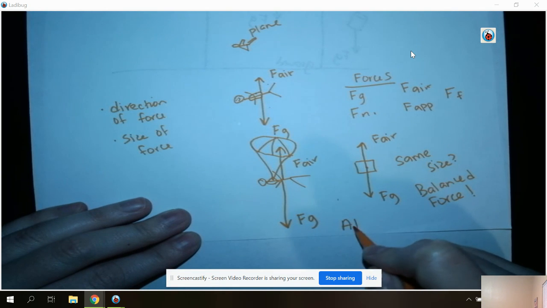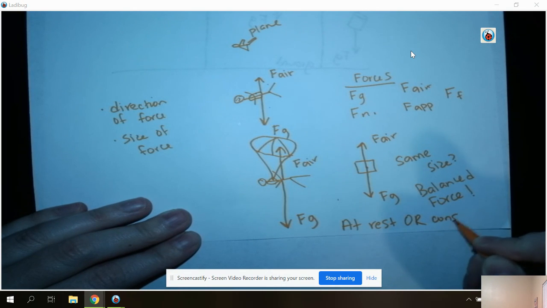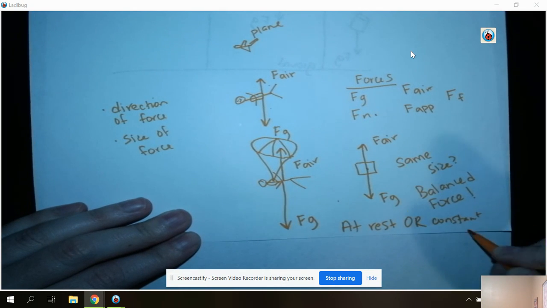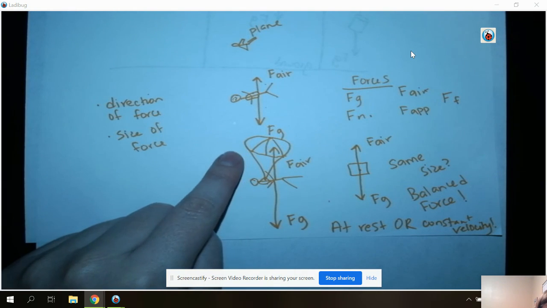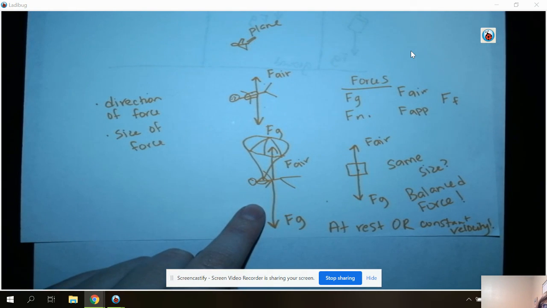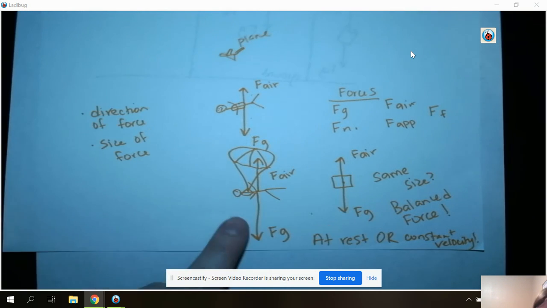It's either at rest or a constant velocity. So a person falling, right, they can't be at rest. They're falling. But they can move with a constant velocity. And this is how people who go skydiving stay safe. Eventually, the air resistance of the parachute is equal to the force of gravity upon them. And these are going to balance each other out.